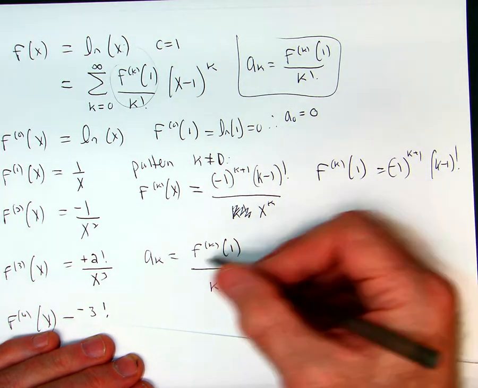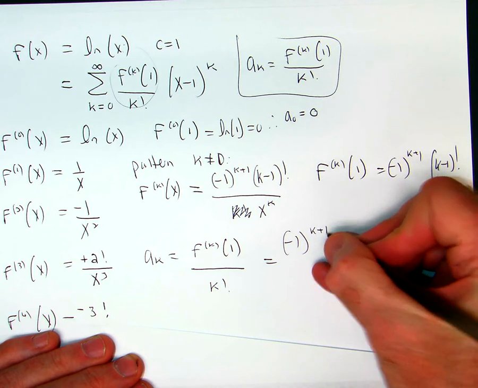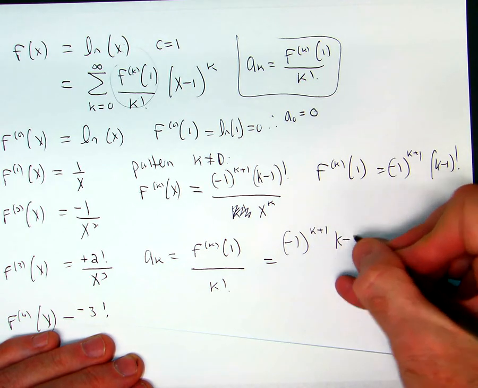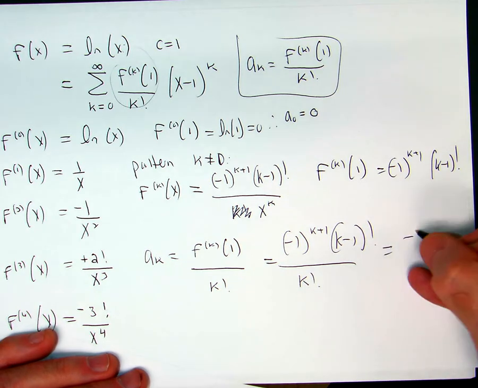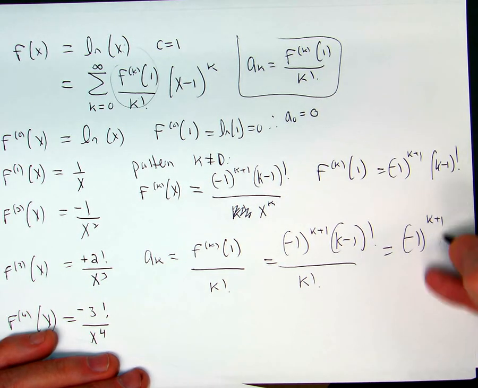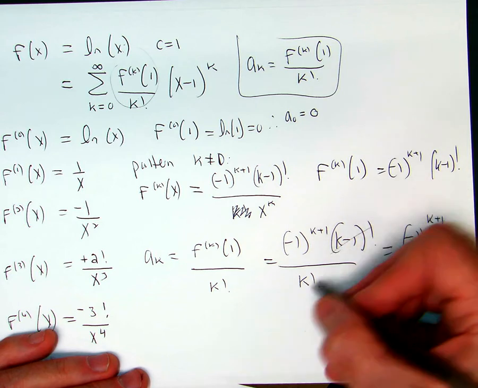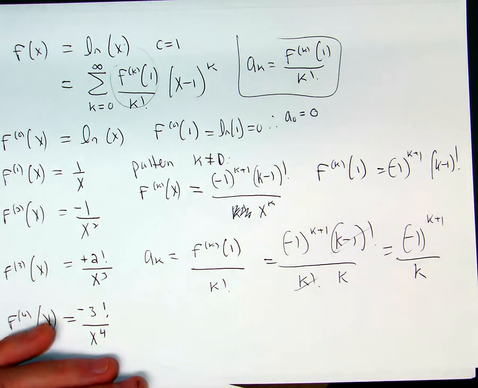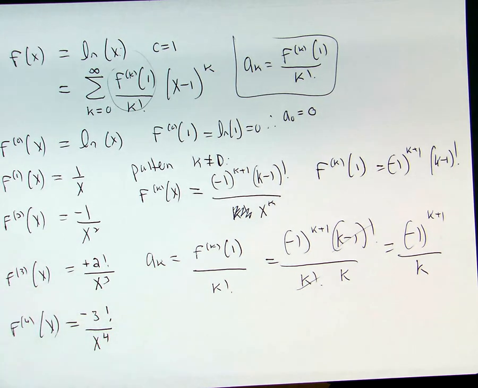So again, this is my kth derivative, minus 1 to the k plus 1 times k minus 1 factorial over k factorial, which is minus 1 to the k plus 1 over k. Remember, this divided by that is just 1 over k, because k factorial is k minus 1 factorial times k. Okay, so that's my ak.